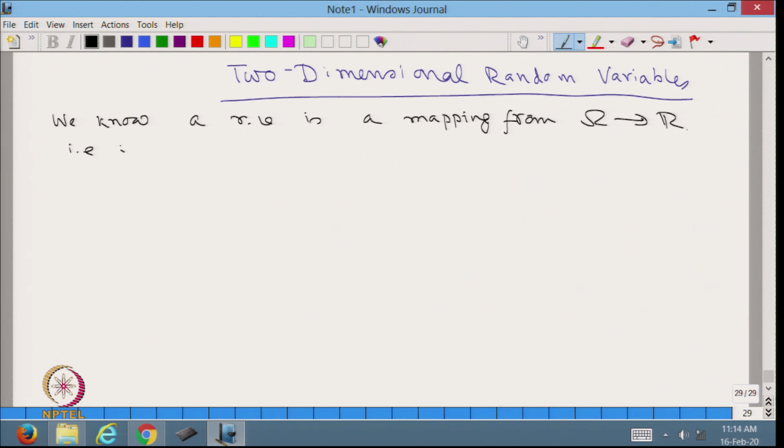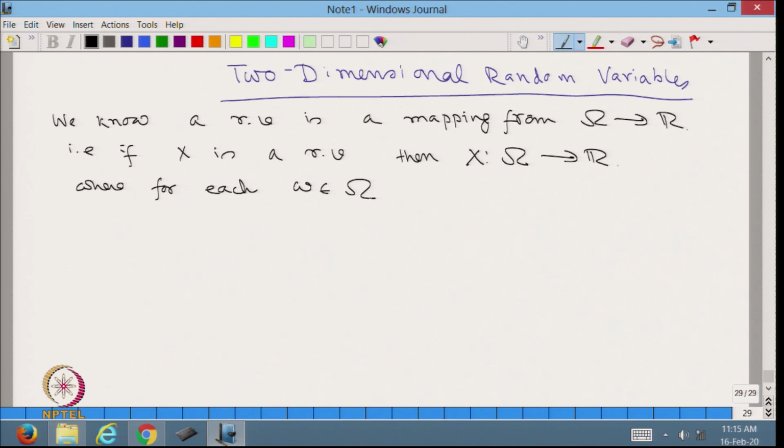That is, if x is a random variable, then x is from omega to R, where for each omega belonging to capital Omega, x omega is some numerical value.